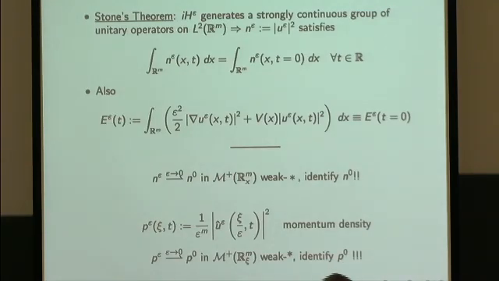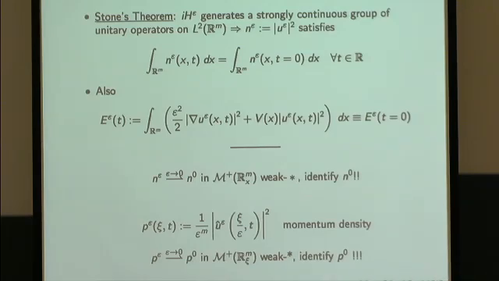Now we all know about Stone's theorem. This is what I meant referring to semigroup group theory. It basically says that i times the Hamiltonian generates a strongly continuous group of unitary operators on L2, and this in particular means that the position density is an L1 conserved quantity in time. In a similar way, you also prove that energy is conserved.